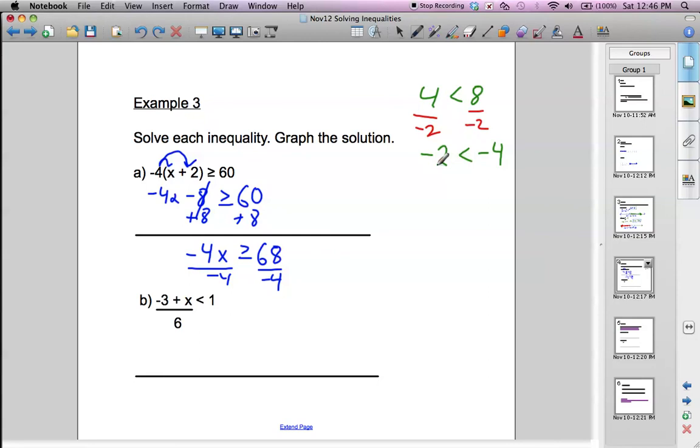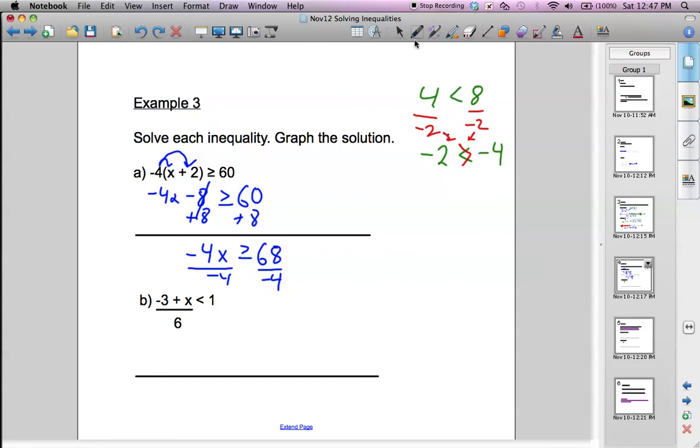Now that is not true. It's actually the opposite. Negative 2 is greater than negative 4, so this needs to be greater than. And this is what happens when we divide or multiply by a negative number, we have to flip the inequality sign. So that's only when you're multiplying or dividing by a negative number, you flip the inequality.